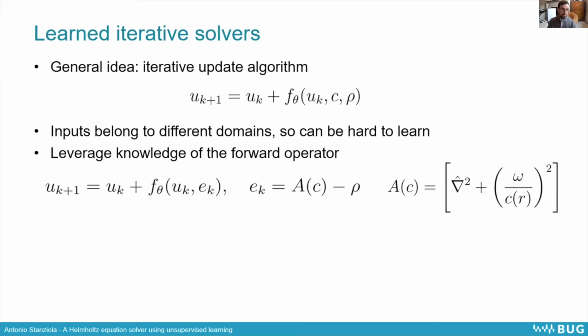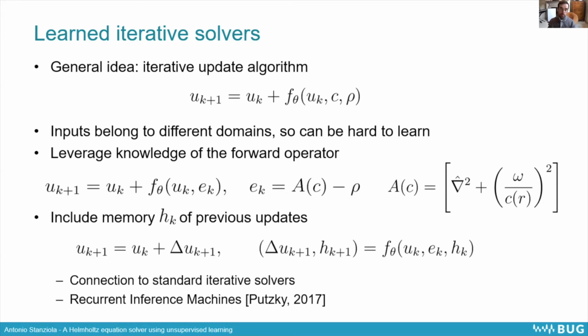The last modification that we add to this scheme is that we wanted to retain some form of memory of the previous updates. There are several intuitions behind this idea. First of all, if we look at standard iterative solvers, most of the time they have some form of memory.